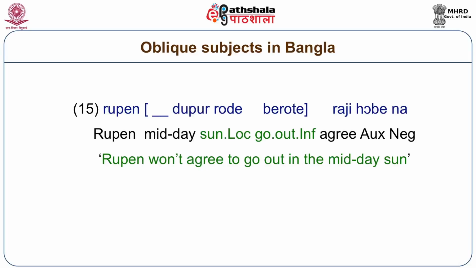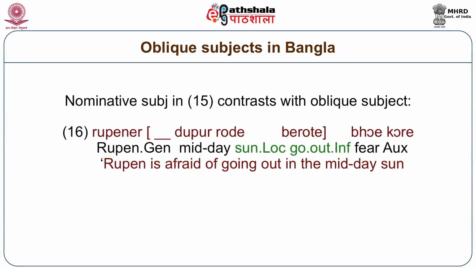This contrasts with example 16, where the controller of the subject of the embedded sentence is in the genitive case, one of the non-nominative or oblique cases. That makes it an oblique subject, and it is associated with the semantics of an experiencer.